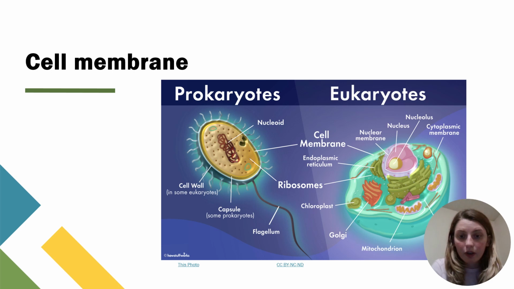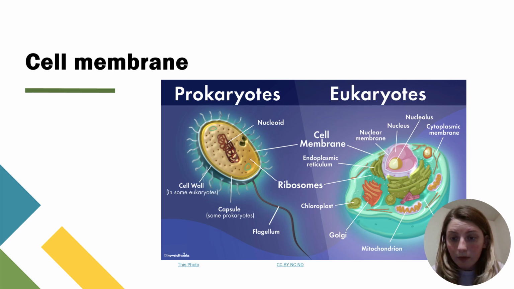This is just pictures of cells and whether they have cell membranes or a cell wall. And these two specifically show prokaryotes and eukaryotes. Prokaryotes have a cell wall, cell membrane, ribosomes, capsule, flagellum, and nucleoid.